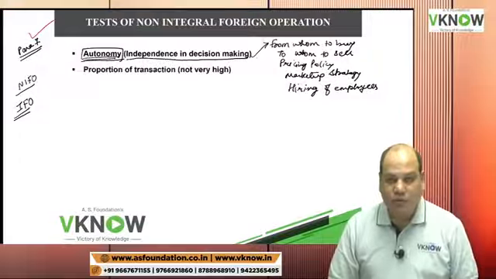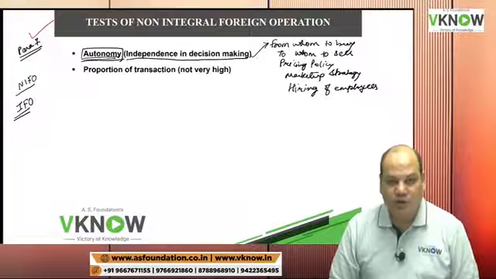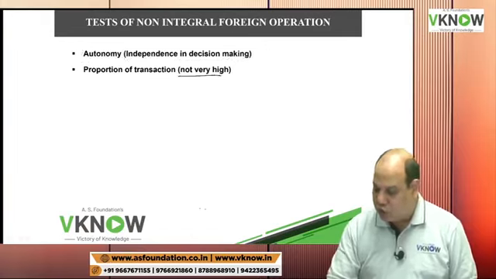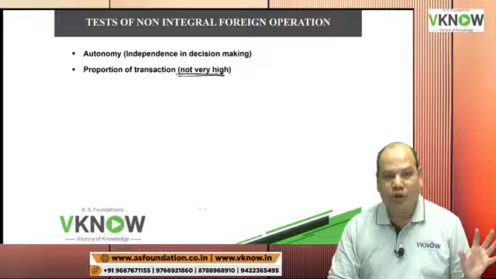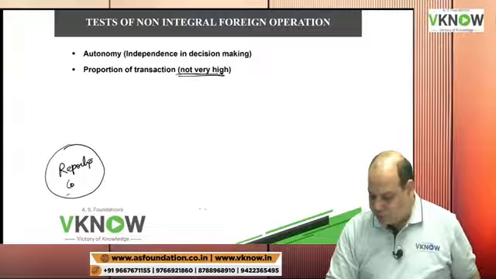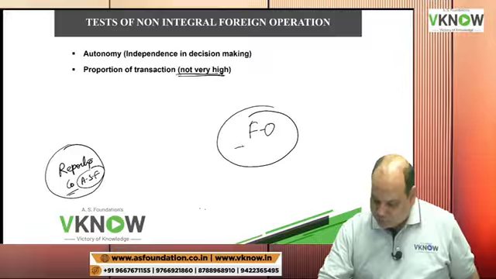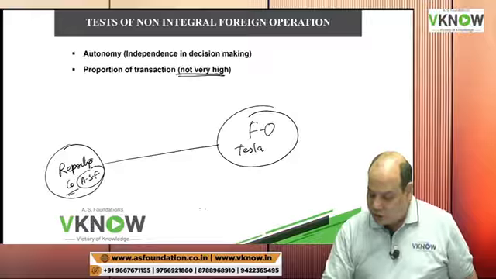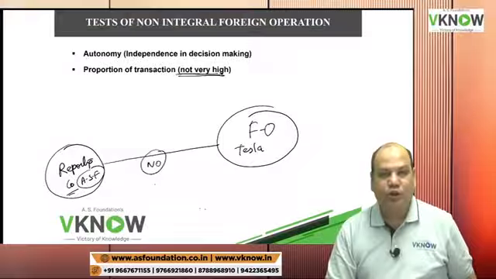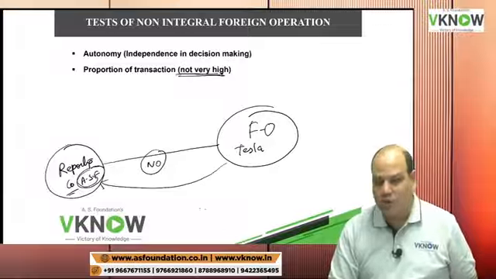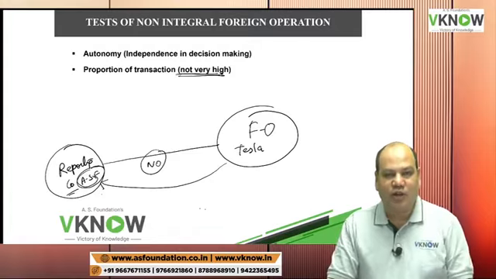Second way to identify foreign operation is look at the number of transactions. If the number of transactions is not very high between the reporting company in India, AS Foundation, and the foreign operation, Tesla, okay, there is no transaction between the two or very limited transaction. ASF just purchased one electric car from Tesla recently.